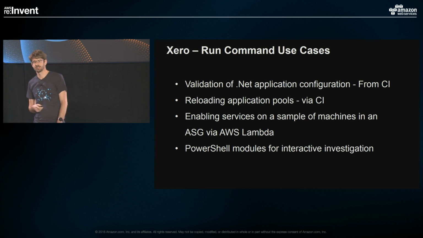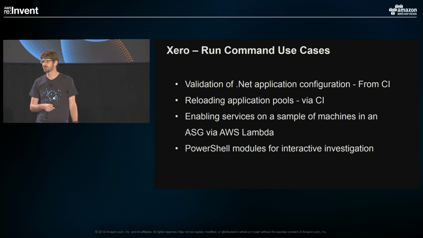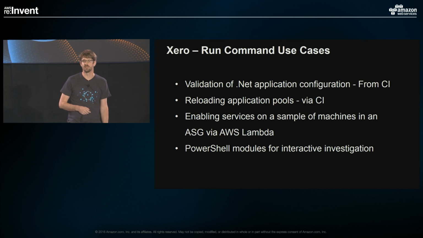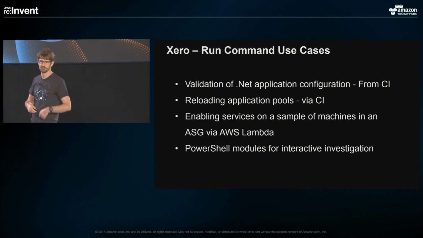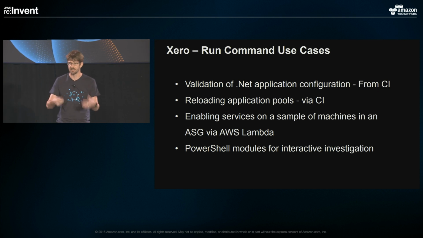We've had situations, pulling code that's run in one set of infrastructure into a new set of infrastructure, where you find new and exciting ways that it behaves. So, for example, DNS and connection caching. And using Run Command, we're able to delegate out access to be able to safely reload application pools to clear those caches.